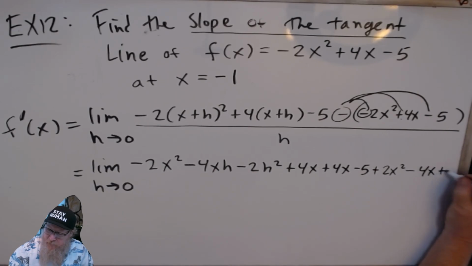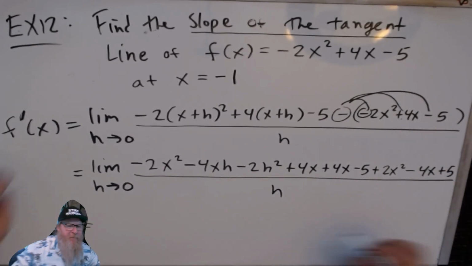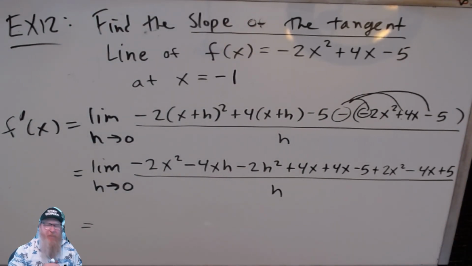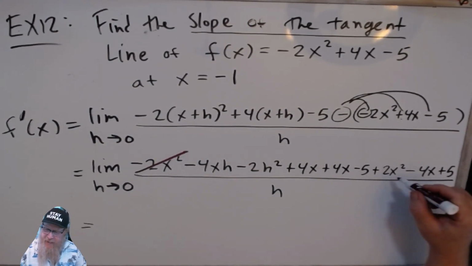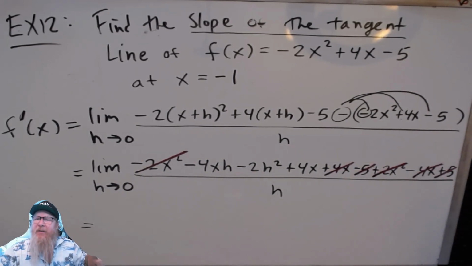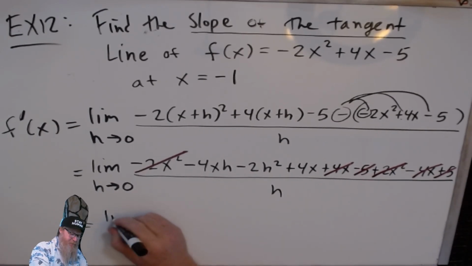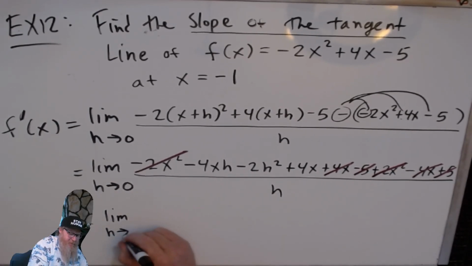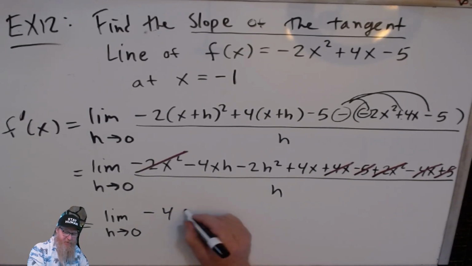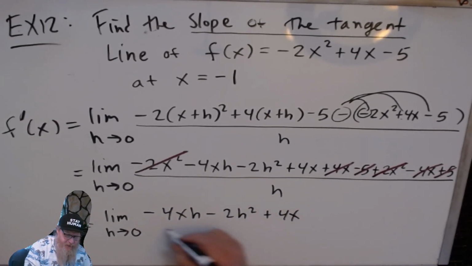Minus minus is plus 5, all over h. I'm in a little bit of a hurry now. Not too bad, but we've done a lot of these today. So this is more like I just kick back and see if you can follow all the steps. If I was doing a TikTok video, I'd probably have to go a lot faster than this, right? I'd have to be talking really, really fast.